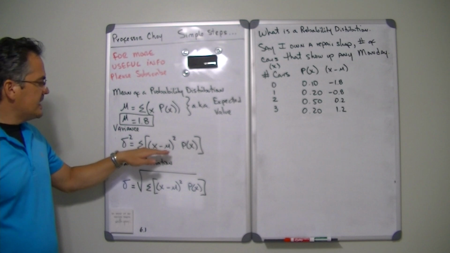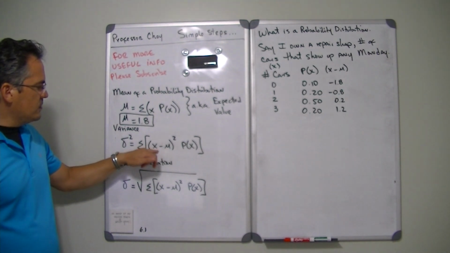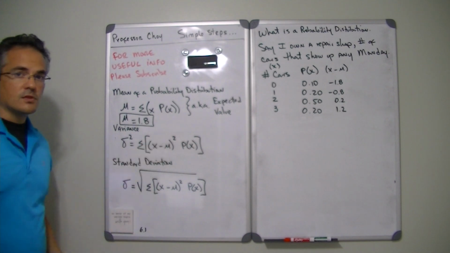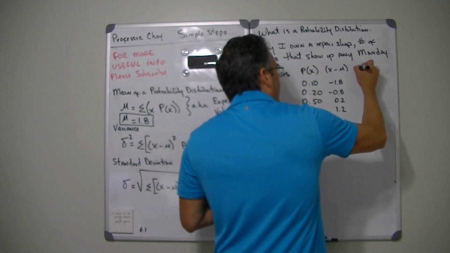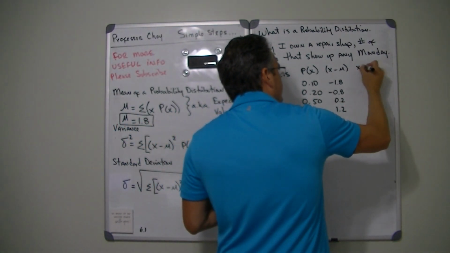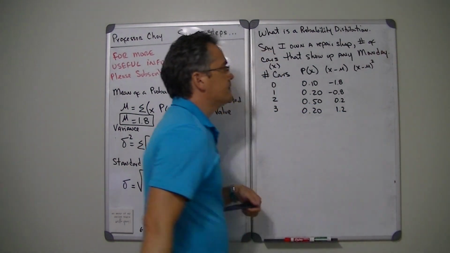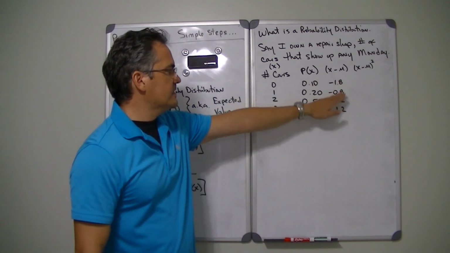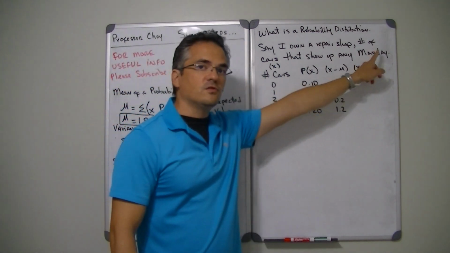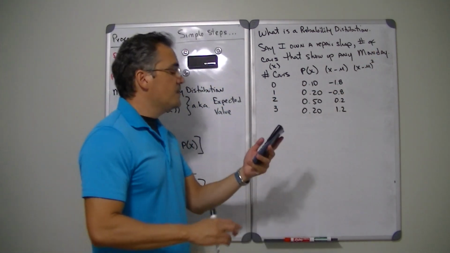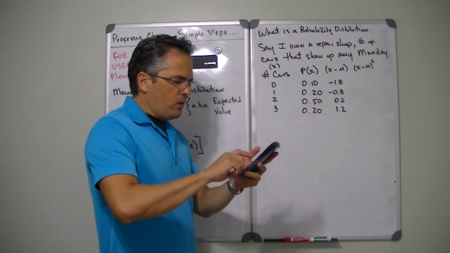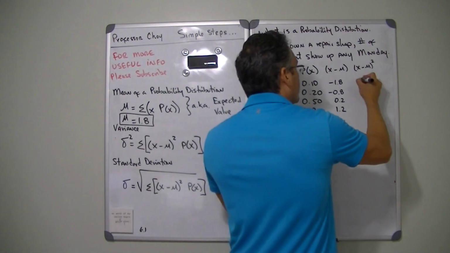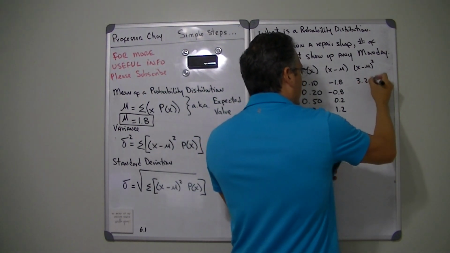Alright, now, the next thing it says is I have to do x minus mu and square it. So now, I'm going to take my x minus mu and I'm going to square it. So I'm just going to take these numbers, which are my x minus mu's, and I'm going to square each one of those. So I'm going to do negative 1.8 squared. And that gives me 3.24.